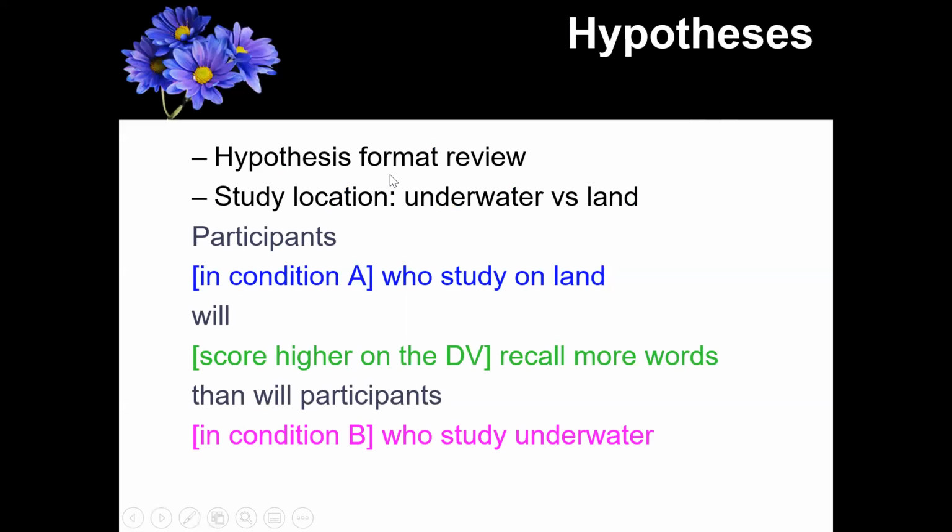For example, if we were just looking at study location, and we didn't experiment on test location, then it would obviously look like this. Participants in condition A, those who study on land, will recall more words than will participants in condition B, who study underwater. Okay.